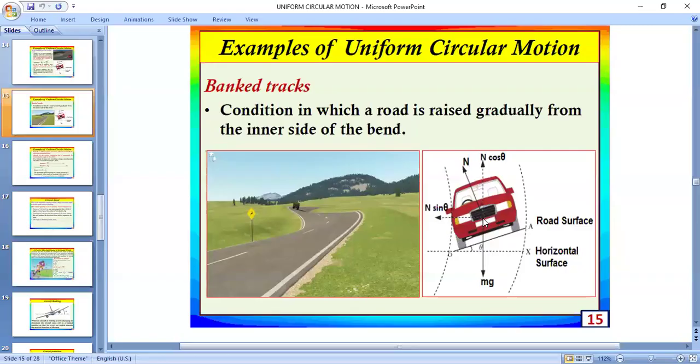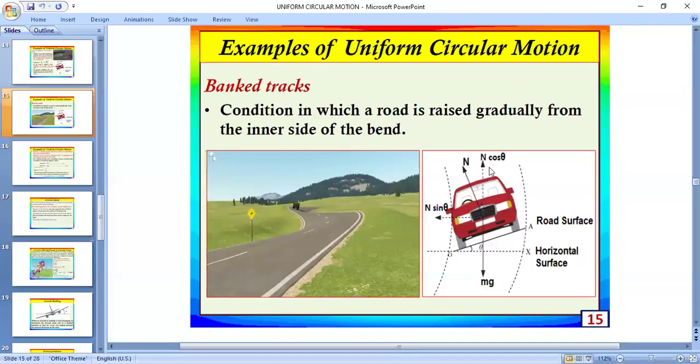Then we have another one that points up, which is the reaction force. Reaction force, remember, is supposed to be equal to the weight, but you can see it's bending there, N. So we do what we call resolution of forces.